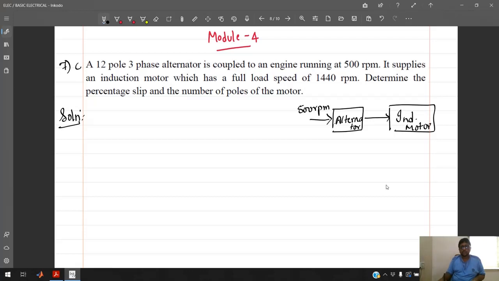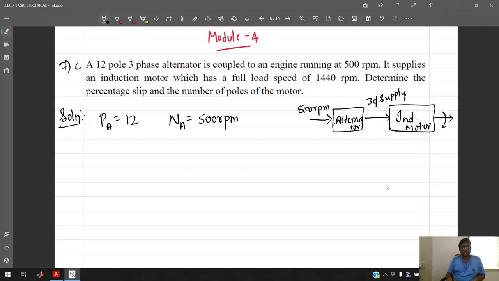The output from the alternator is a three-phase supply, if you are considering a three-phase induction motor, and then the induction motor output is a rotation. It has been given that the number of poles in the alternator is 12, and the three-phase alternator is coupled to an engine. The alternator is running at 500 rpm.